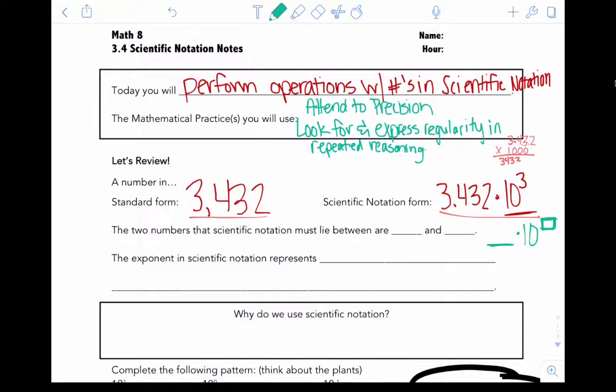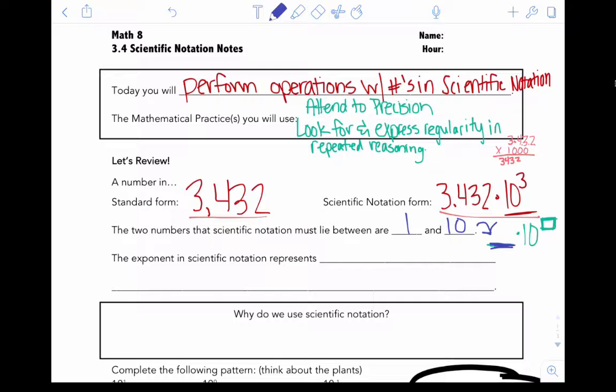So what do these numbers mean exactly, and what can we use to make it correct? Well, the number right here has to be between the numbers 1 and 10. So the two numbers that this number in scientific notation must lie between are 1 and 10.